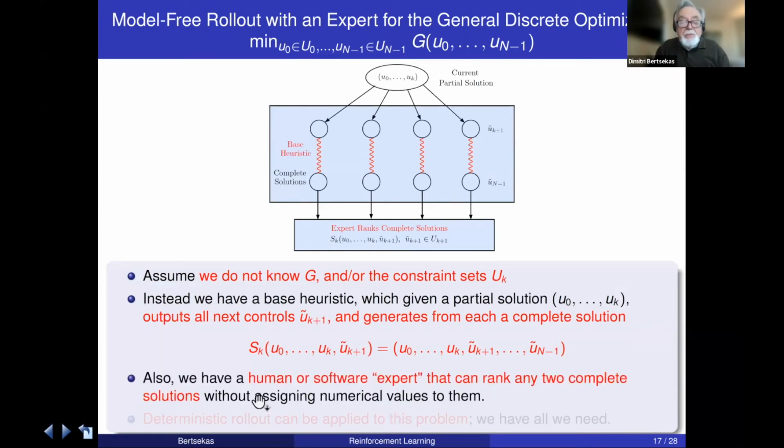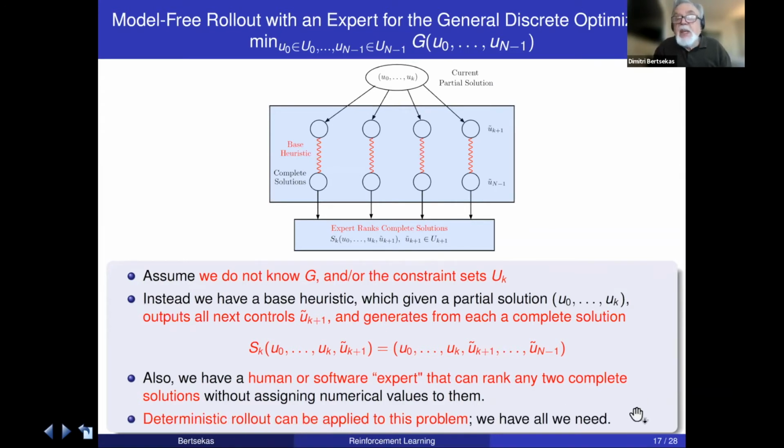Then we have a software expert or a human expert that can rank any two complete solutions, eyeballs them, any two of them, and selects the one that's better. In this way, it can rank all of these solutions. Basically, we need only the one that has smallest cost, and that will give us everything that we need to apply deterministic rollout.